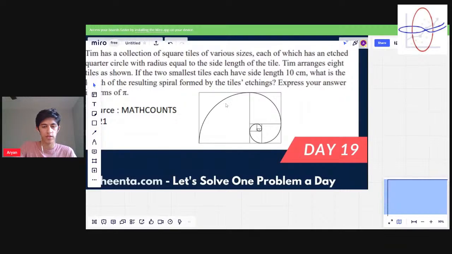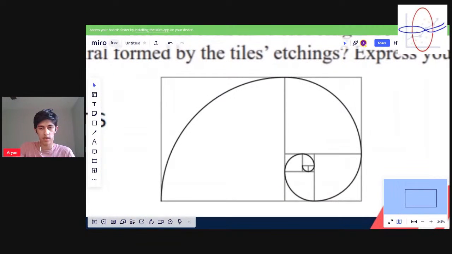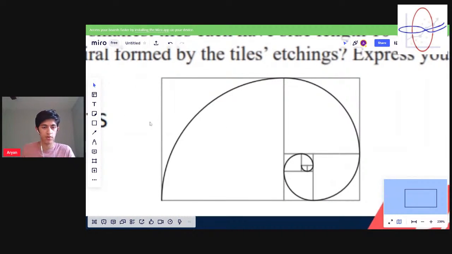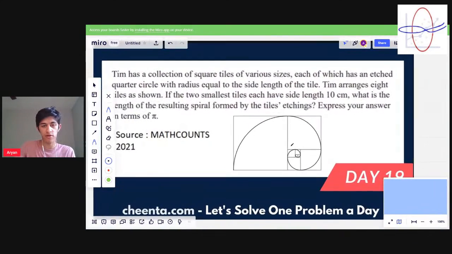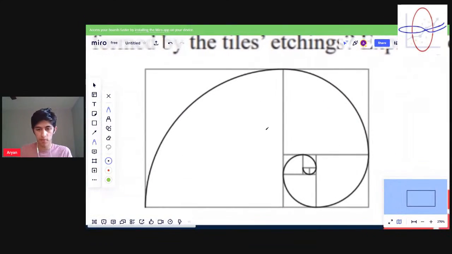Okay, so if we zoom into this a little, we can see we have our 8 tiles, and the two smallest tiles have a side length of 10, it said. Let's just confirm, yep, a side length of 10.